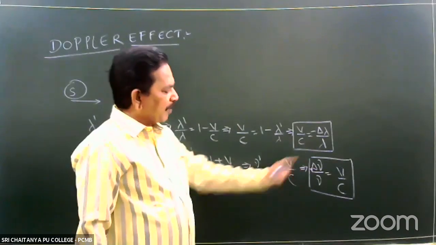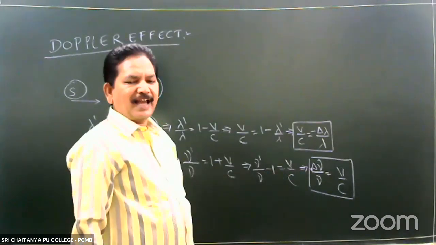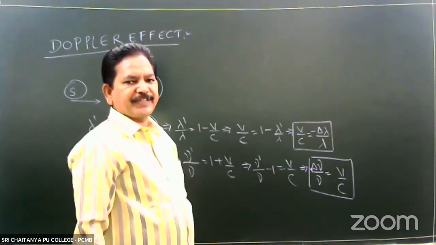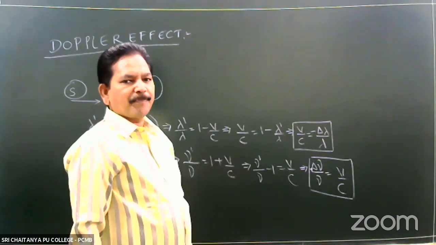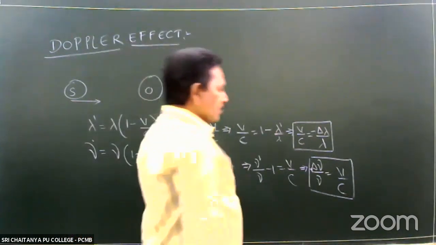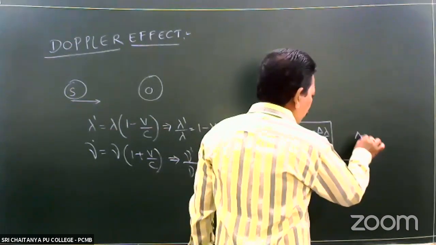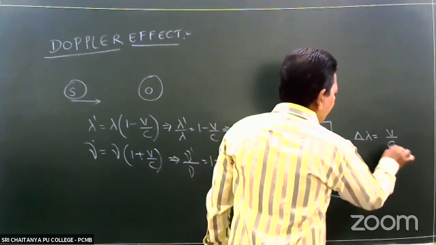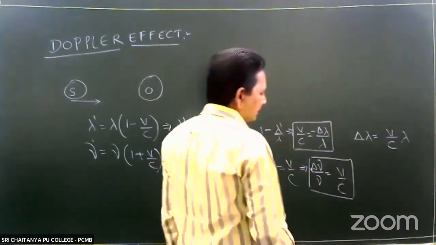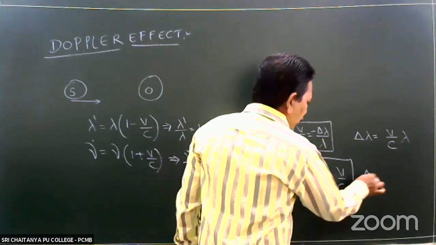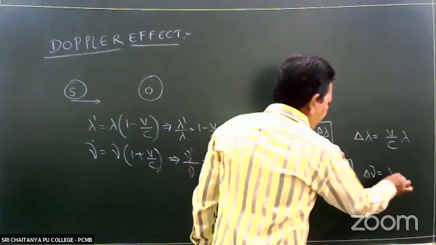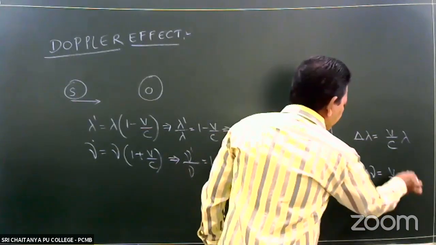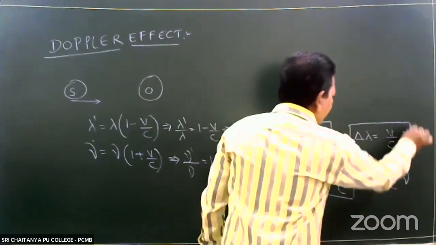In these two formulas, delta lambda is equal to V by C into lambda, and delta nu is equal to V by C into nu.